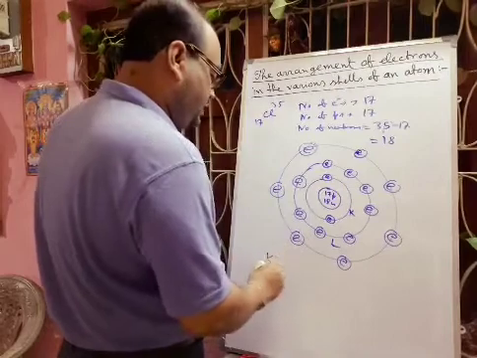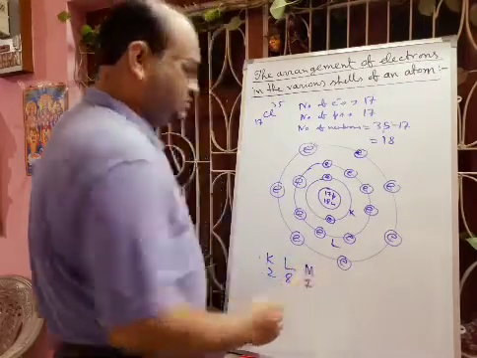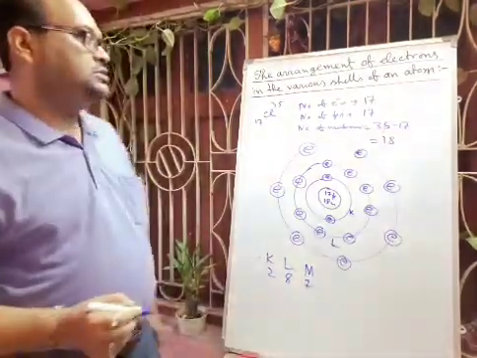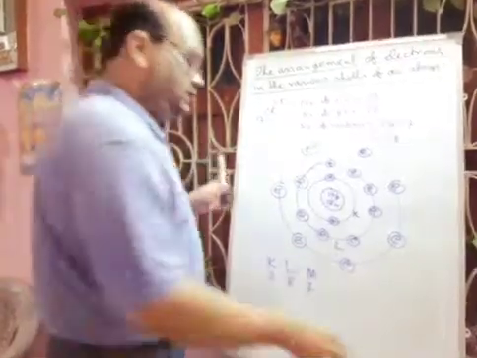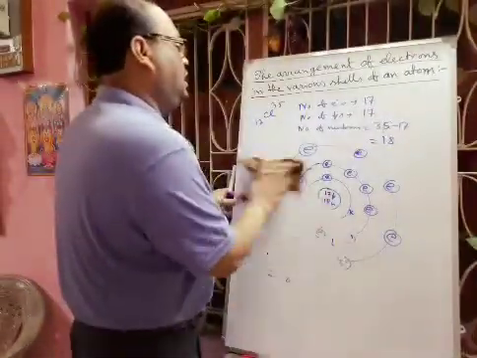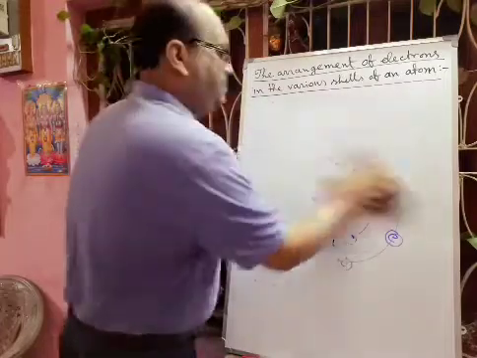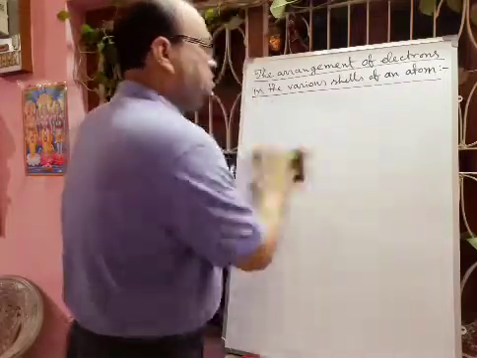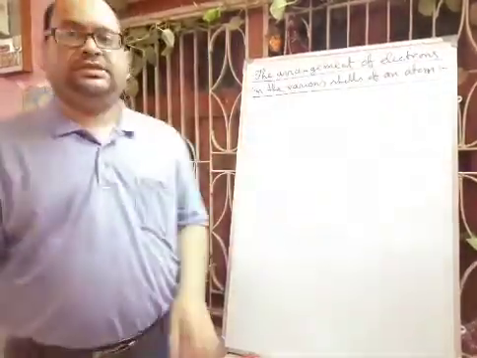So in K cell 2 electrons, L cell 8 electrons, M cell 7 electrons. Hope you can understand. So in this way you have to practice the electronic configuration, and you have to remember up to 20, that means calcium. Okay, so this is very much important for learning chemistry.